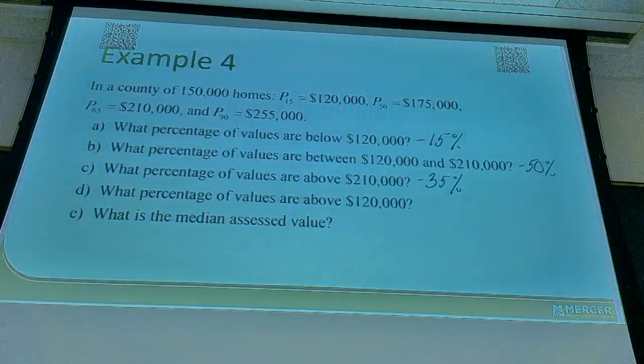Same argument. 100 minus 15, 85%. And what is the median assessed value? $175,000. Right, it's the 50th percentile.